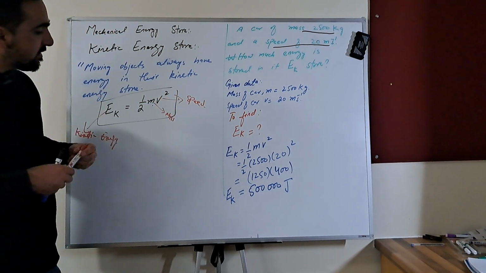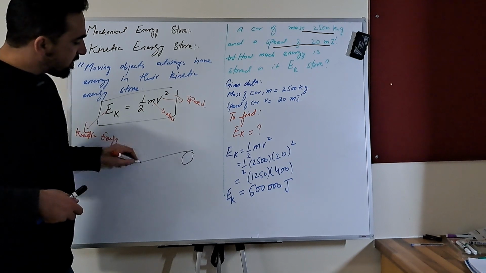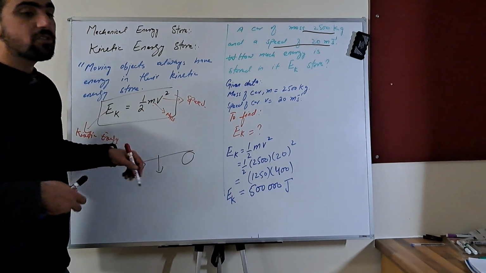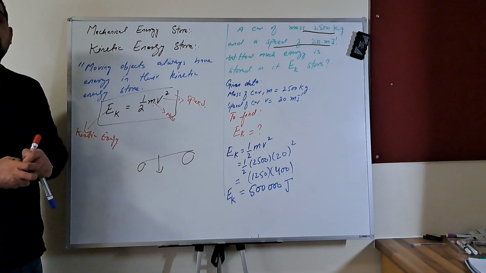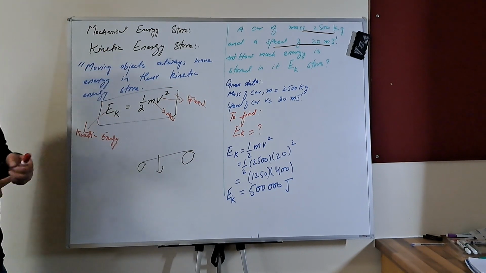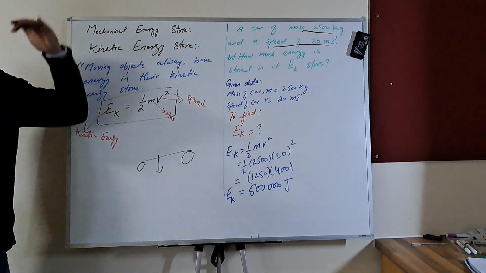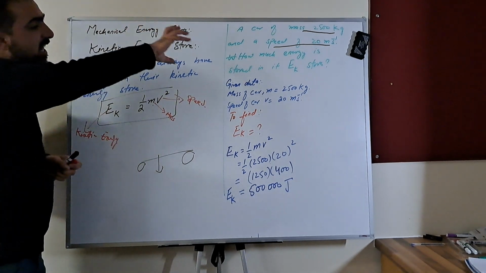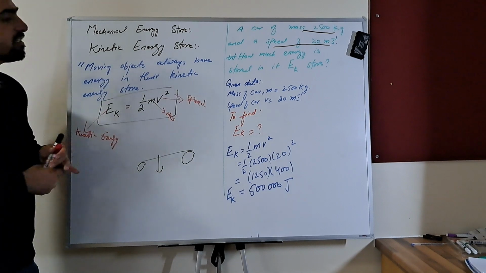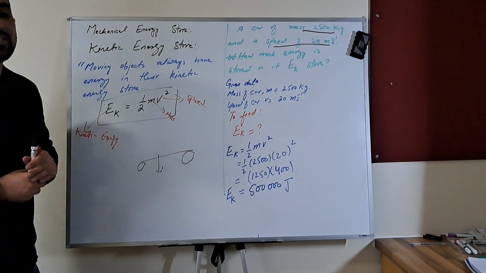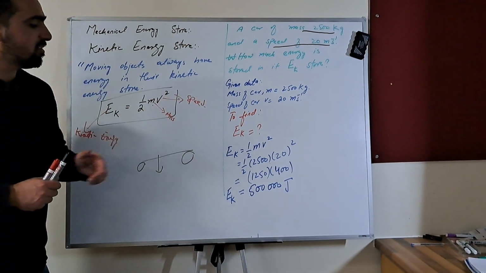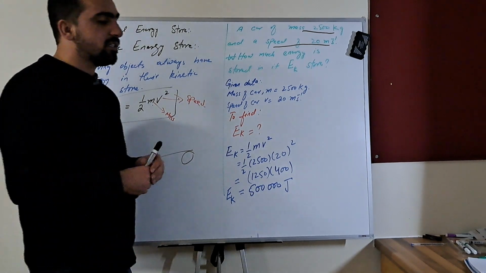And then the car is on its tires at a certain height from the ground, so it will also have energy stored in its gravitational potential energy store. So it's a very complex system of different energy stores, but we are just looking at one store, that is the kinetic energy store, and how much energy is stored in that particular store is 500,000 joules.